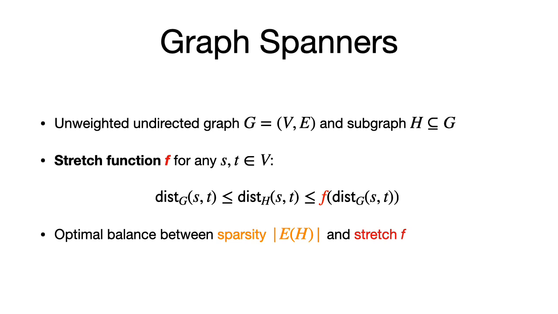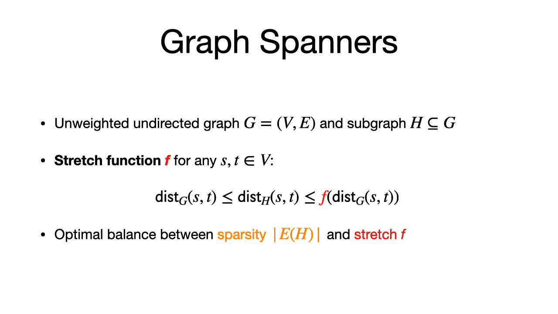Let's formulate the problem more specifically. Suppose the input graph is unweighted and undirected, and let H be a candidate spanner, which is a subgraph. We are interested in two parameters of this subgraph: the number of edges in this graph and the stretch function.